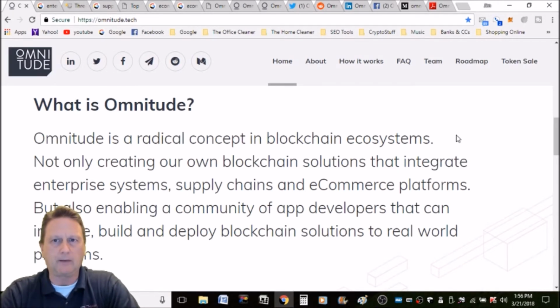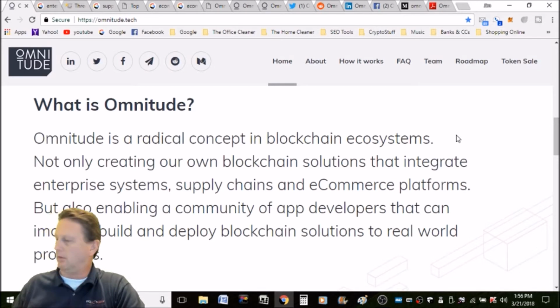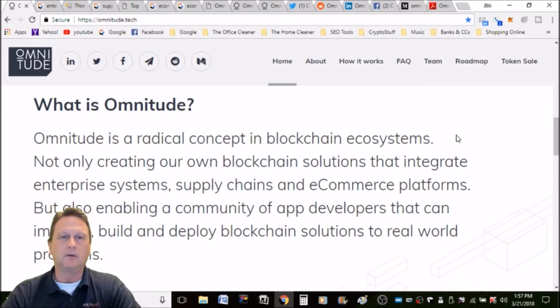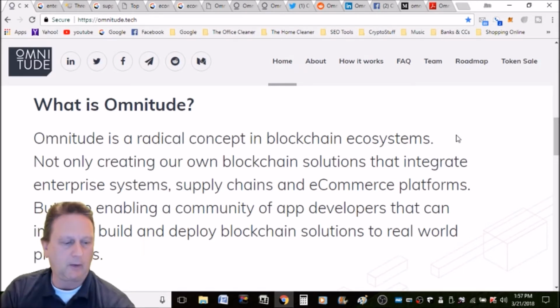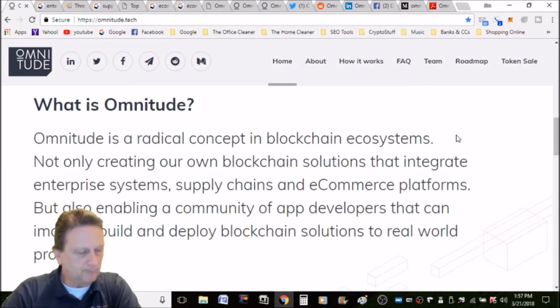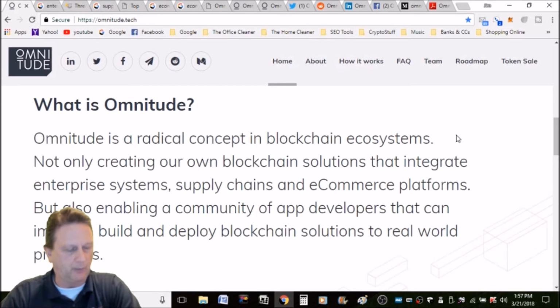Before I get into that, I'll let you know that the pre-ICO is already over, and the general sale is going to be going on from March 28th through April 25th. March 28th is when they'll reopen the main sale, and they'll be listed at 46 cents per token.